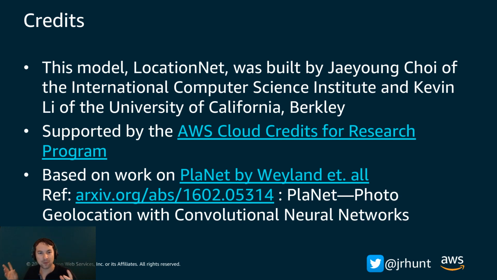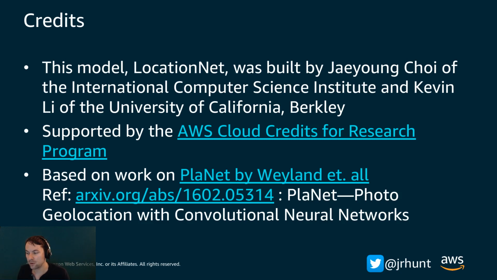They took a paper called Planet by Weyand and a couple of others who are some researchers at Google, and they looked at the resulting model and they said, hey, we could probably do this better if we thought about the underlying problem that we're trying to solve.